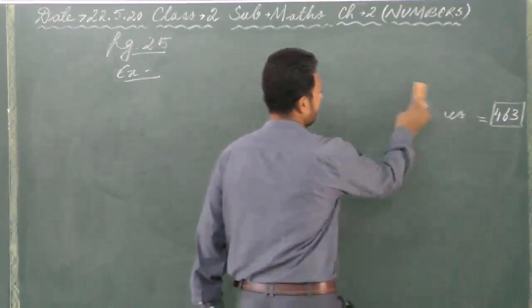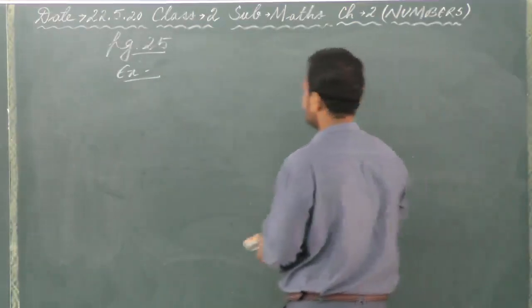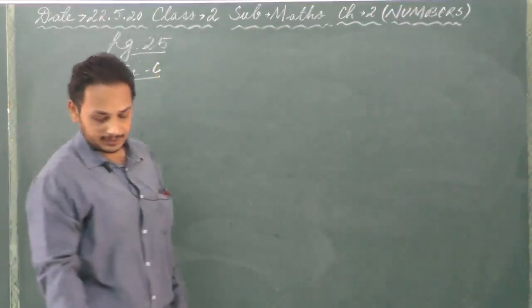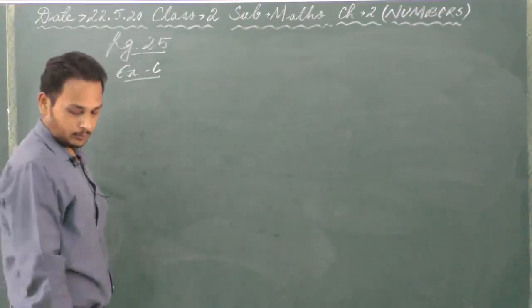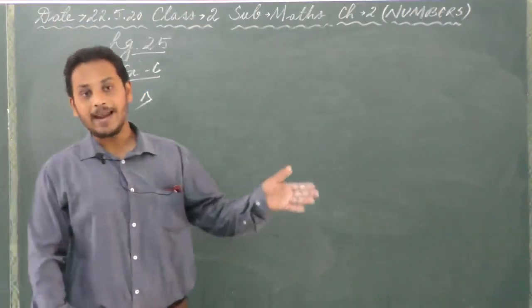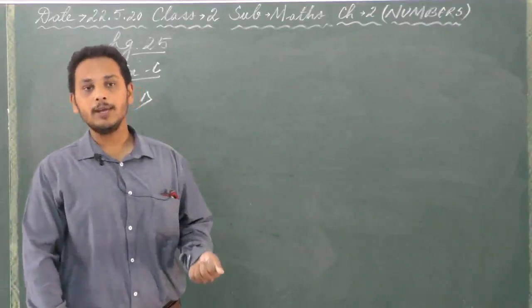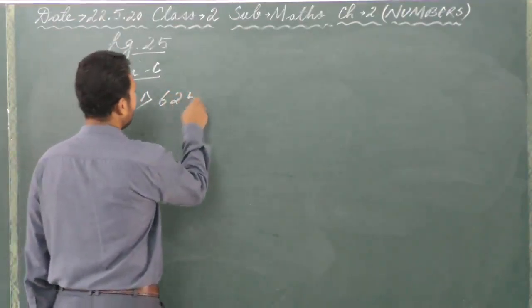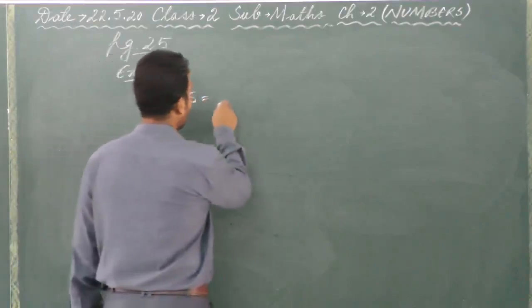Then you have exercise C. This is the last exercise from this chapter. It is just the opposite of what we did now. Okay. That is, write the expanded forms of the following numbers. Like see the first one, 625 is given here. There's a dash.